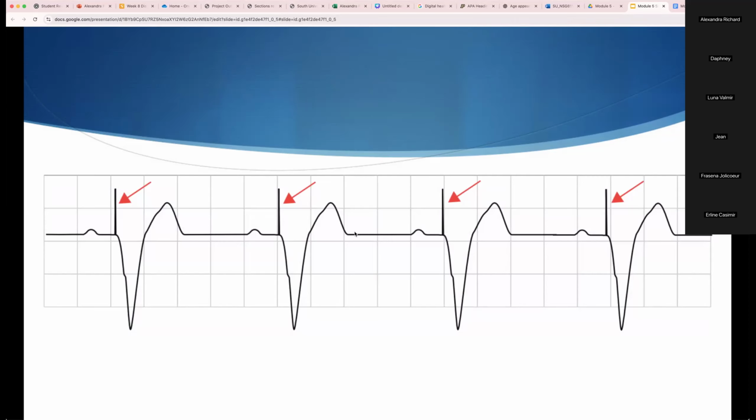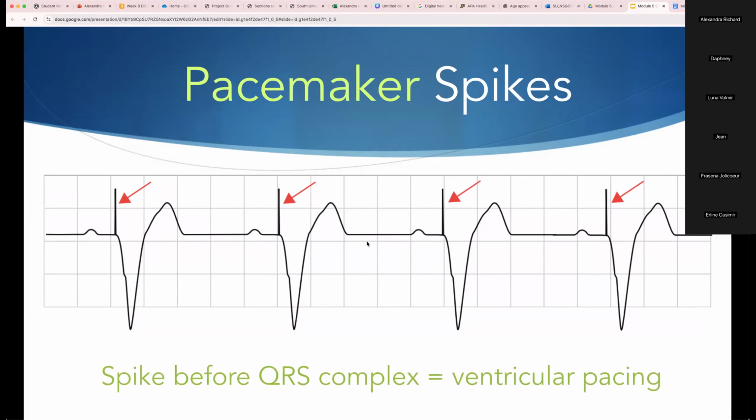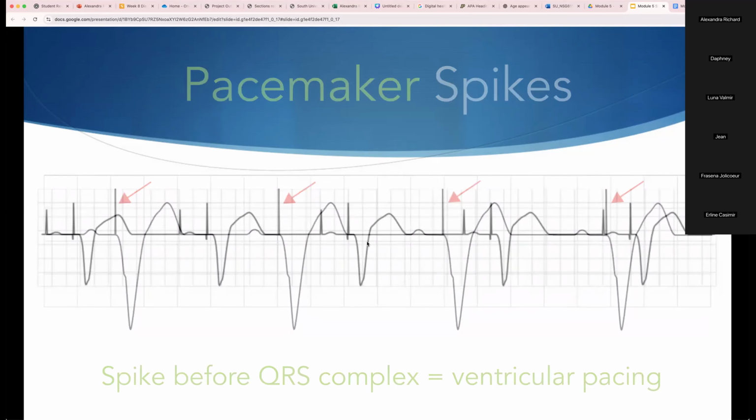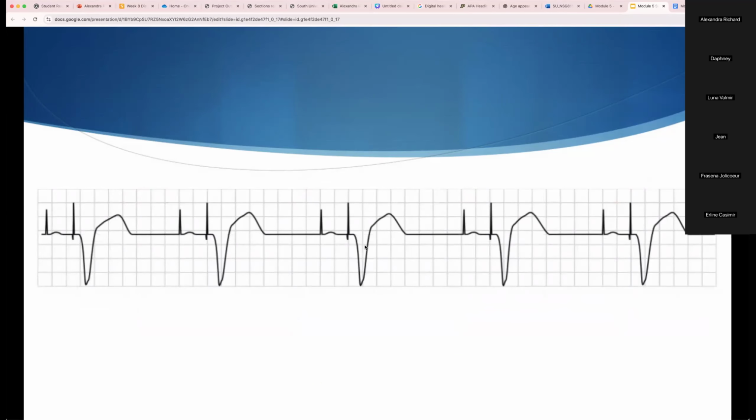Okay, what about this patient? Do they have a pacemaker? And are they atrial paced or ventricular paced? Ventricular, very good. And then what about this patient?